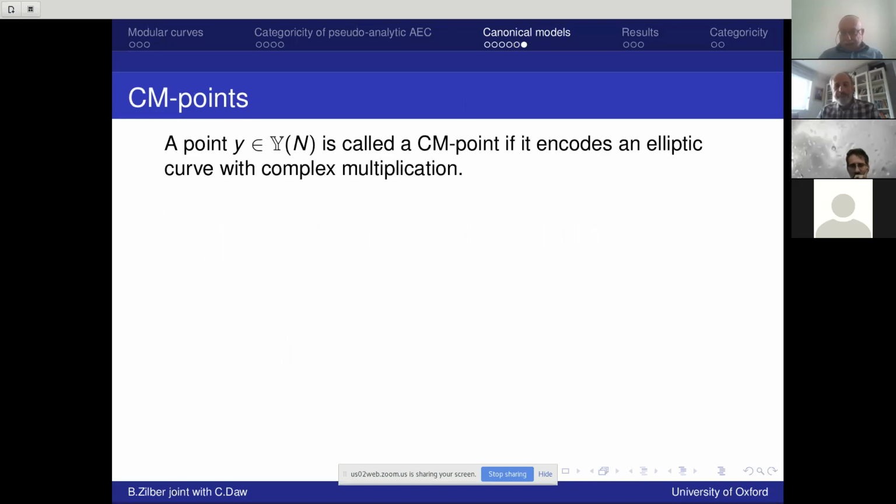Right. And now I'm going to go through some technical definitions which are standard. So what are CM points?